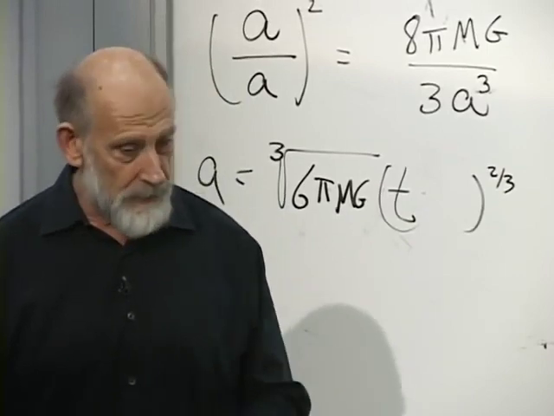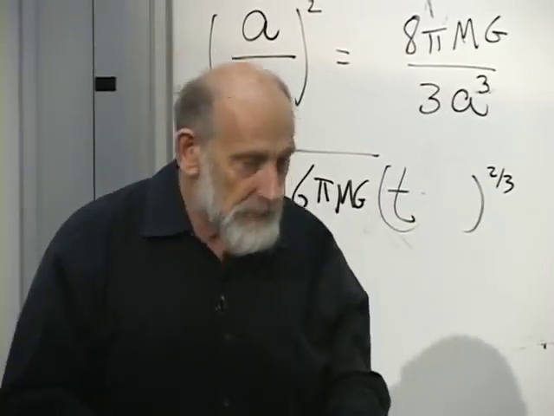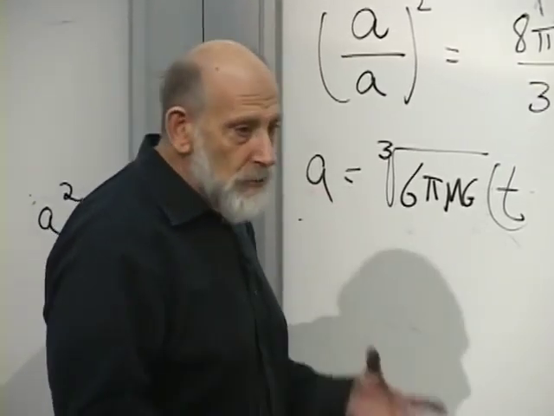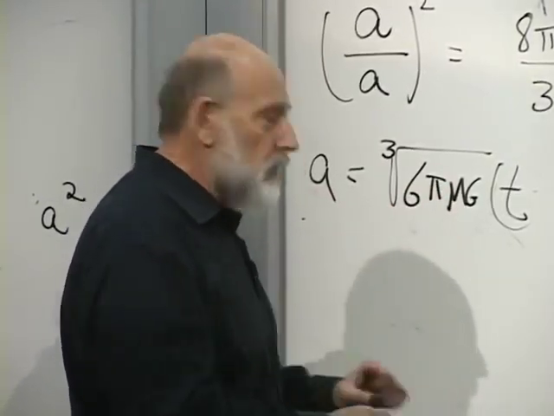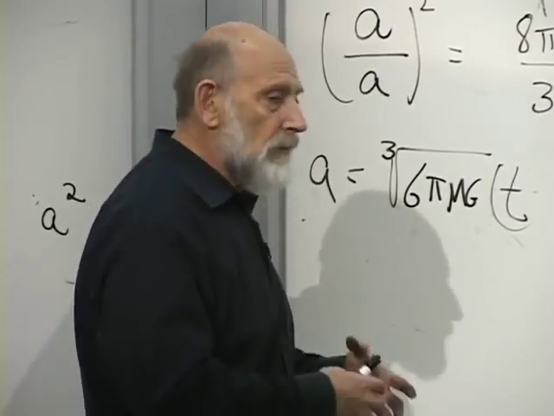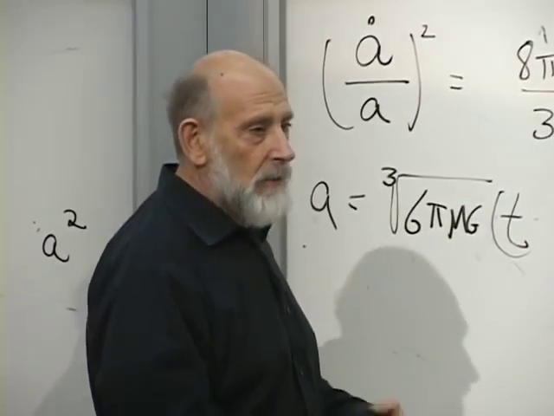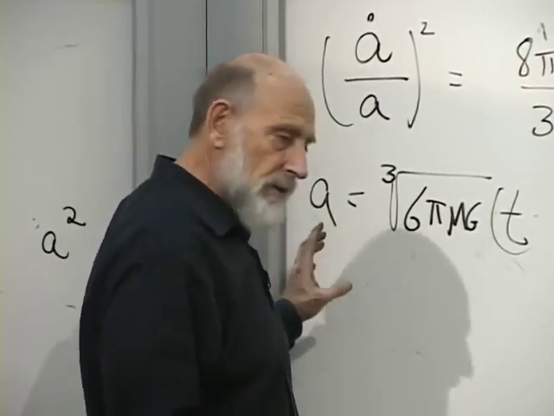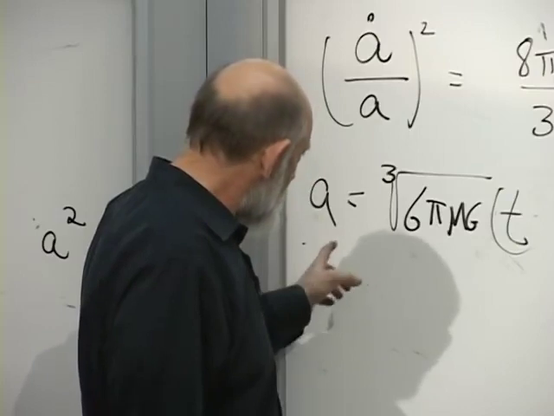The Big Bang is when a equals 0, which is probably extreme. We don't know what happens to matter when it gets too dense, but at some time a was so small that everything was so crowded, atoms were crowded on top of atoms, nuclei, quarks crowded on top of quarks, and it was a solid, dense configuration.